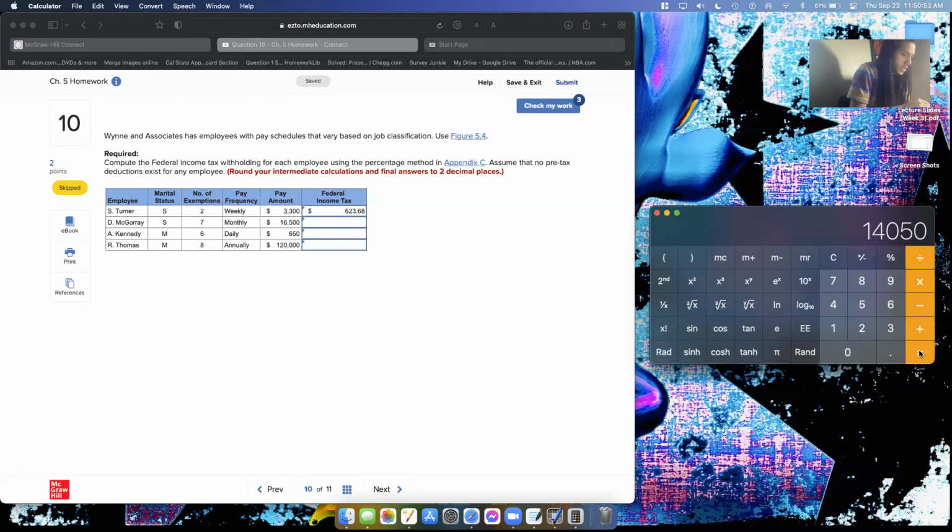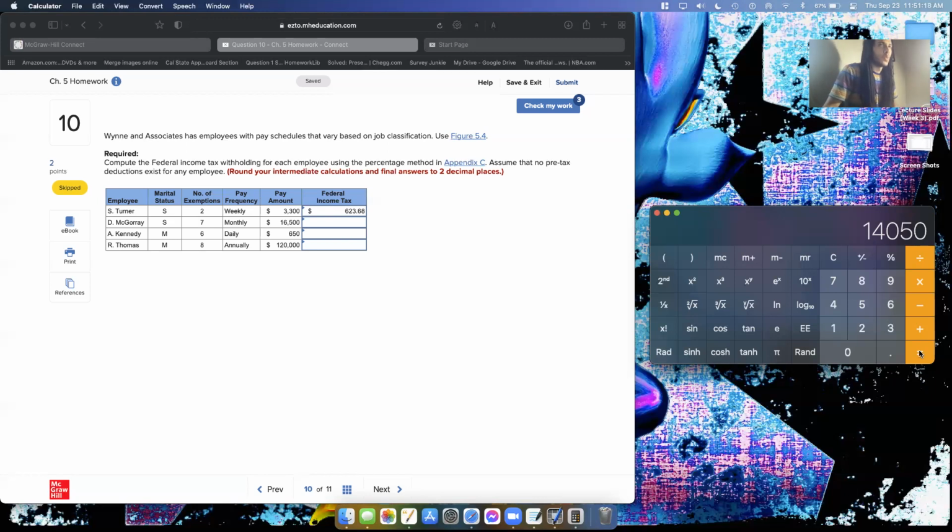D. McGorry is single, paid monthly, and the taxable income is $14,050. So if we were to go to table number 4, that covers the monthly pay periods, and we want to look at the single portion as D. McGorry is single. So for $14,050, that lies in between $13,710 and $17,325.